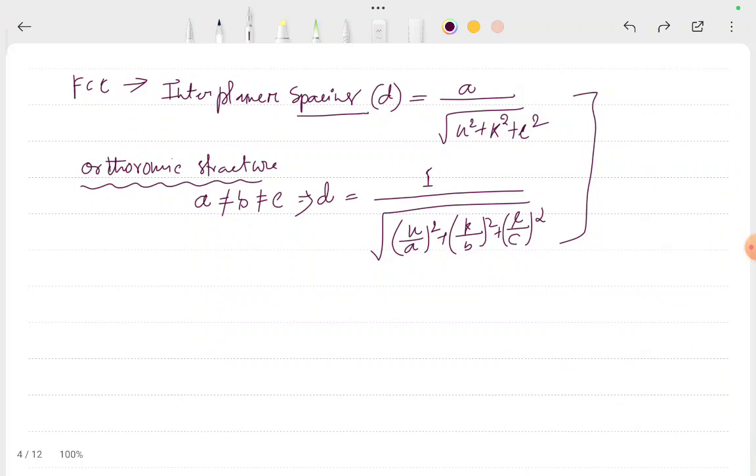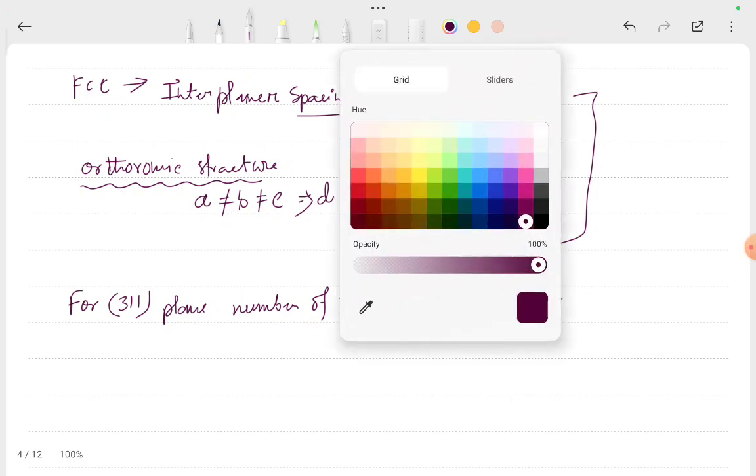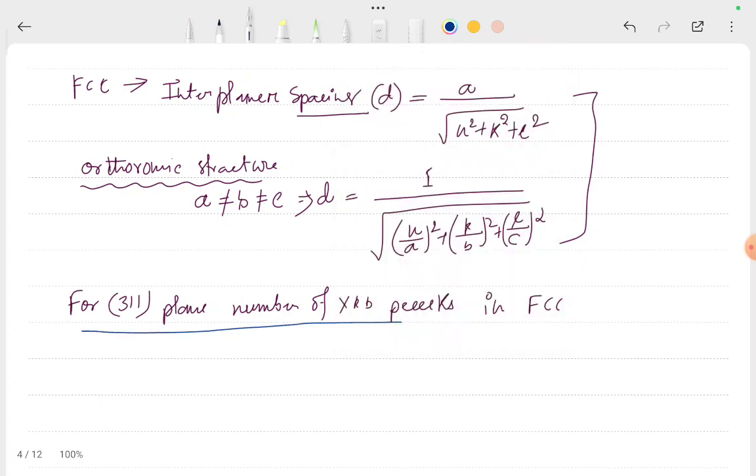For 311, the number of XRD peaks for the 311 plane in FCC crystals, this is our heading. We'll calculate it.